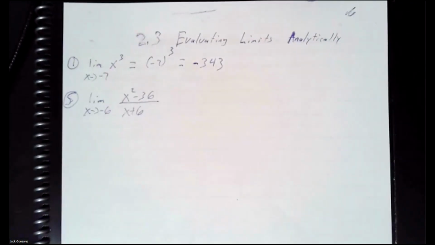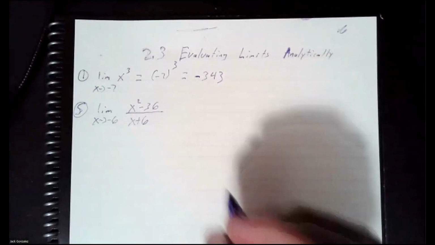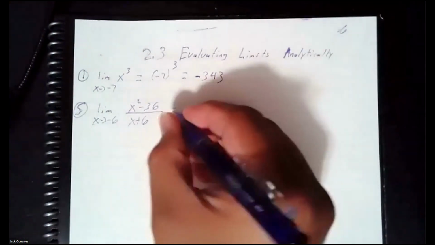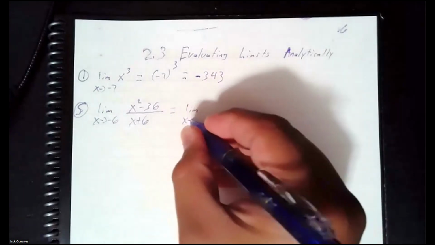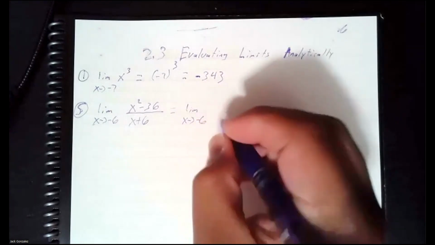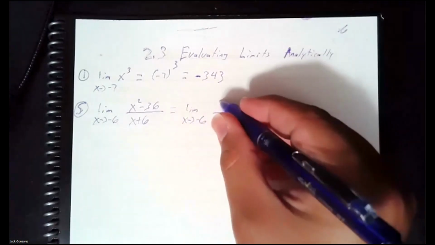Okay. So this is when we have to do some algebra to help us out. Remember the notation, you're supposed to write the limit notation all the way until you plug it in. So if I haven't plugged it in, you have to keep writing it.